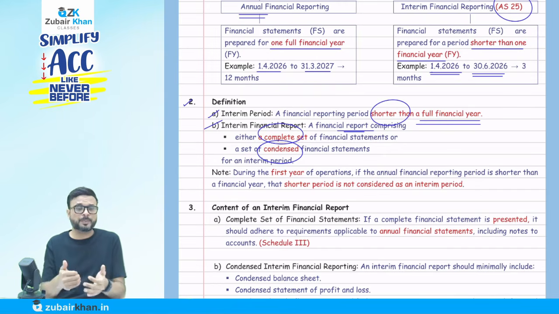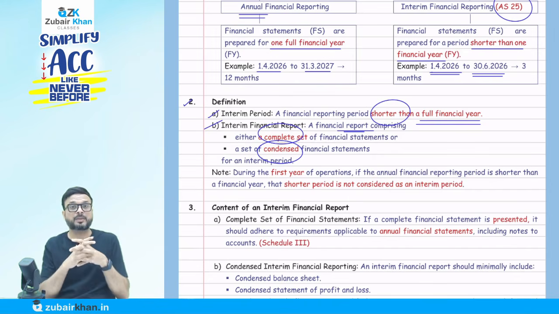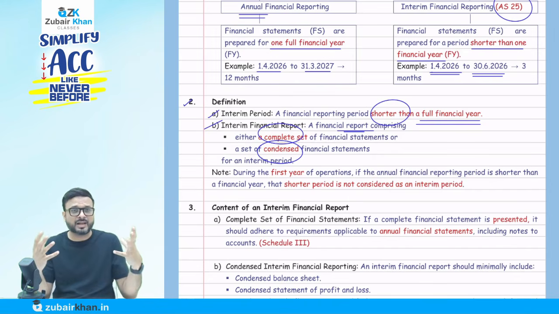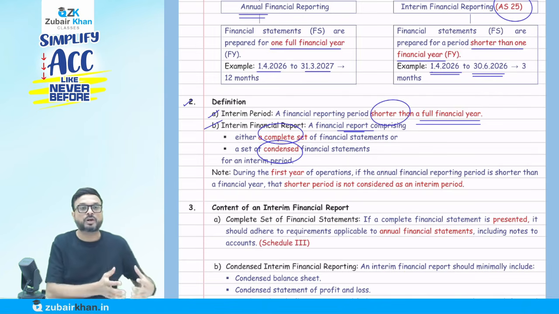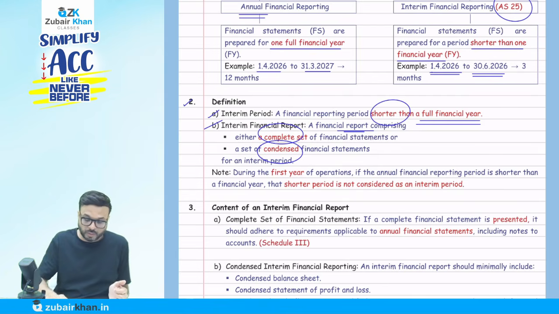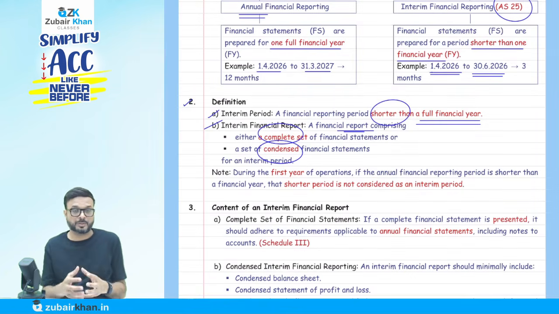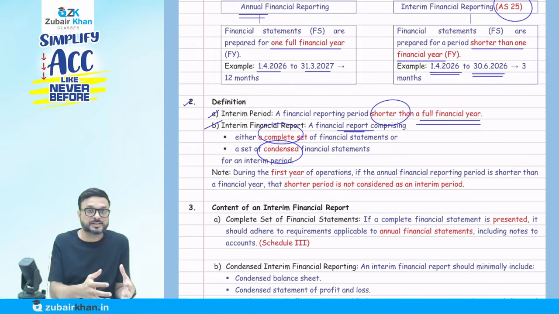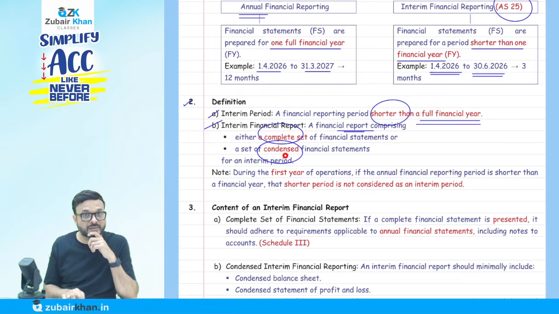For example, if you are preparing for 30th of June, that is for just that quarter. That financial statement may be complete, it means a detailed version, but may be condensed also, a compressed version. If they have the option, they can go for the complete set of financial statements or a condensed financial statement. So what should be the content in a complete set of financial statements and what should be the content in condensed financial statements? We'll discuss that.